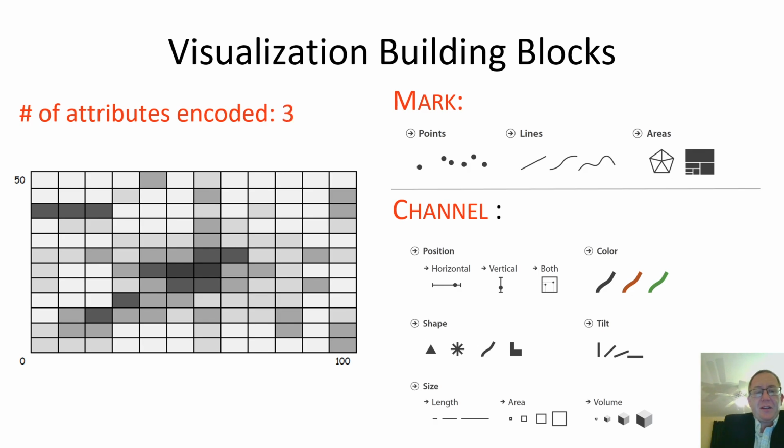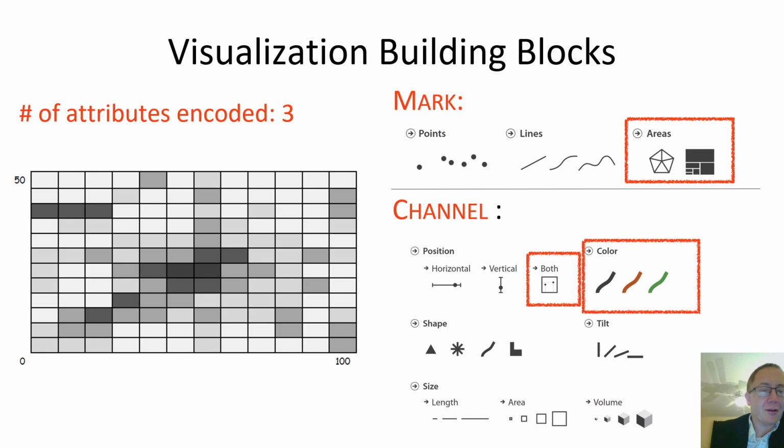I have a dimension on the x-axis, I have a dimension on the y-axis, and I have the intensity for each of those cells. The cells themselves, you can call them areas. I wouldn't call them points, although they're all uniform in size. You could argue it, but I would call them areas myself. I have position in both dimensions, and I also have color. It's black and white, but it's still color. I'm using the luminance to change things. I don't think I have anything else.